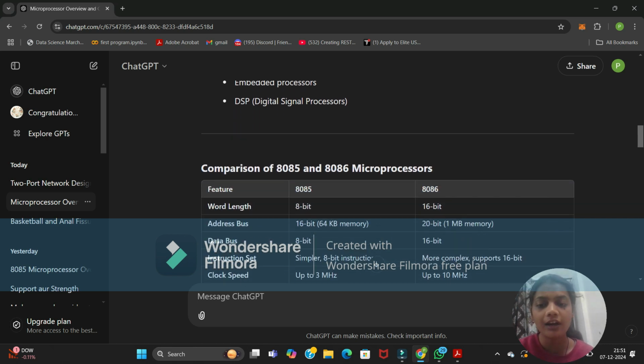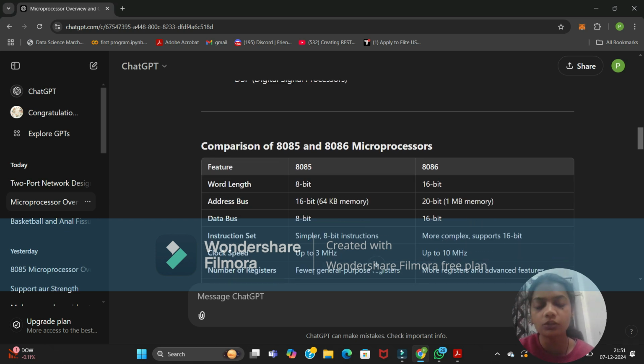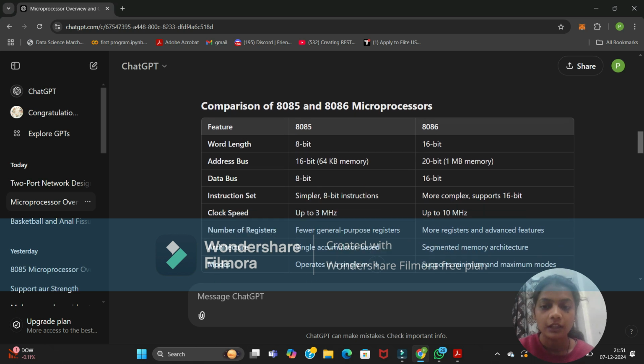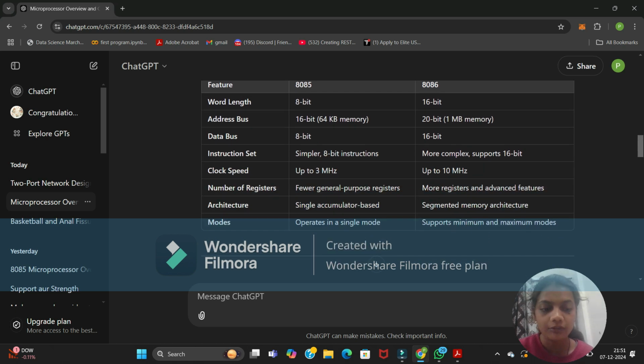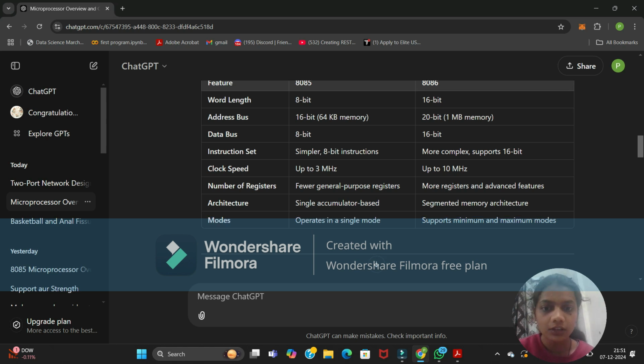Now, let's have the differences between 8085 and 8086 microprocessor. First of all, we discussed that 8085 is an 8-bit microprocessor and 8086 is a 16-bit microprocessor. For the address bus, 8085 has 16-bit, which is 64 KB memory, and 8086 has 20-bit, which is 1 MB memory.